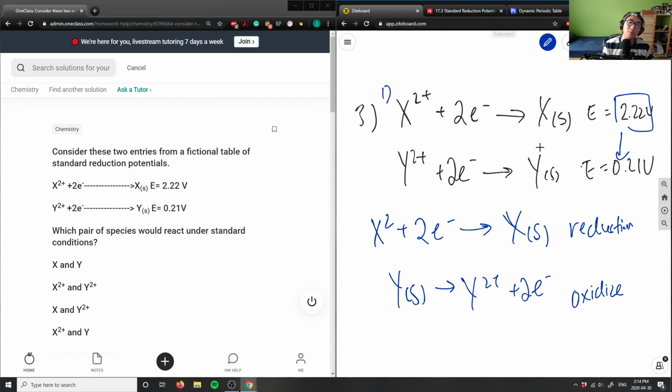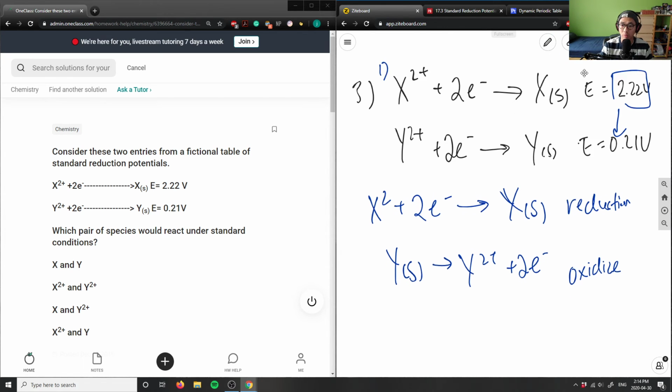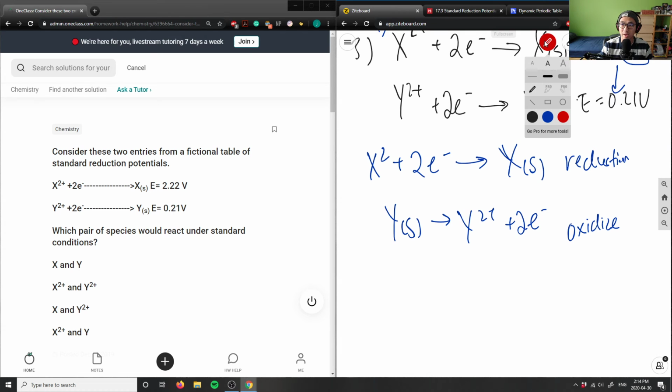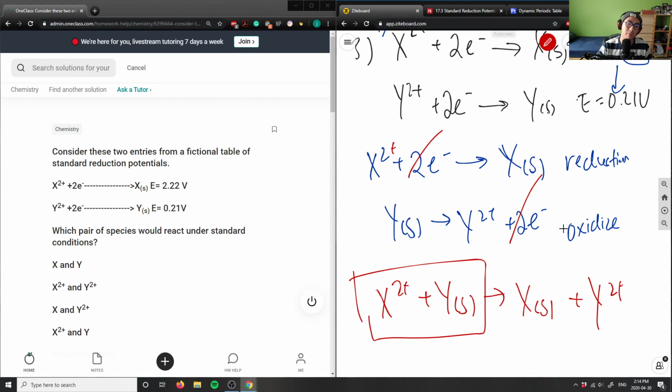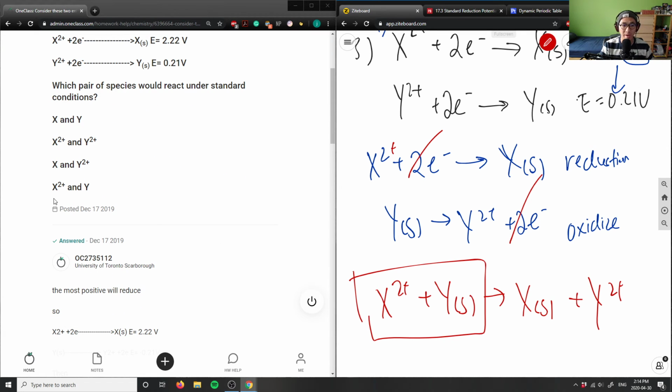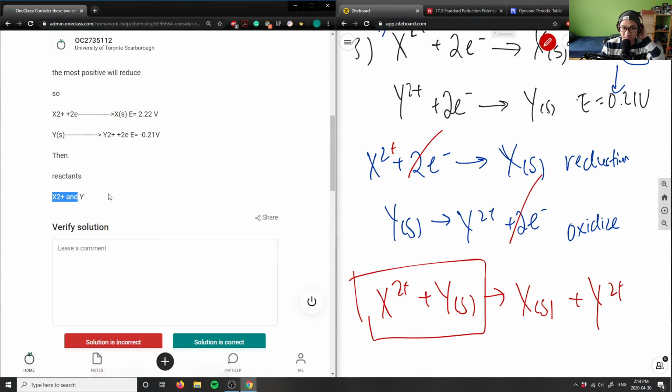So I can cross these out to form my net ionic equation, which is X2 plus plus Y solid gives me X solid plus Y2 plus. So these two are my reactants, or pair of species that will react. So X2 plus and Y is the correct answer.